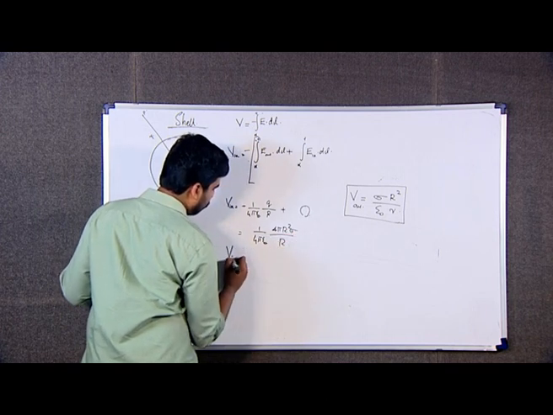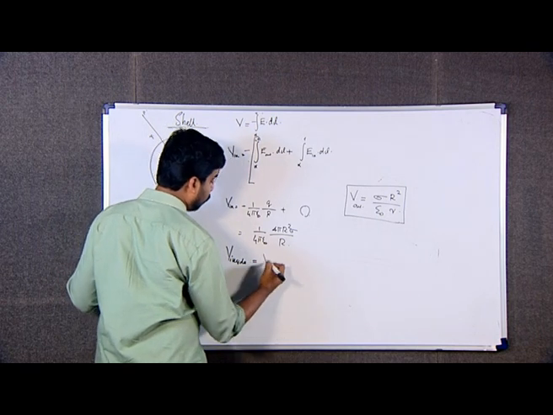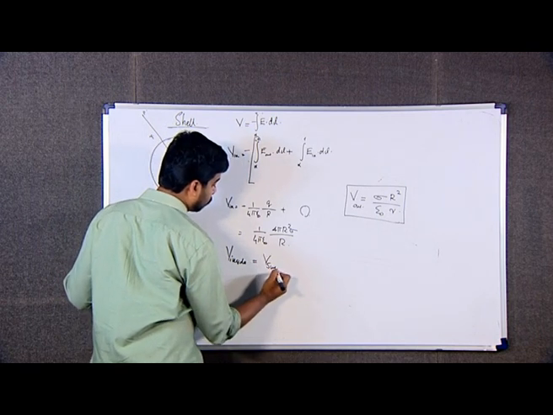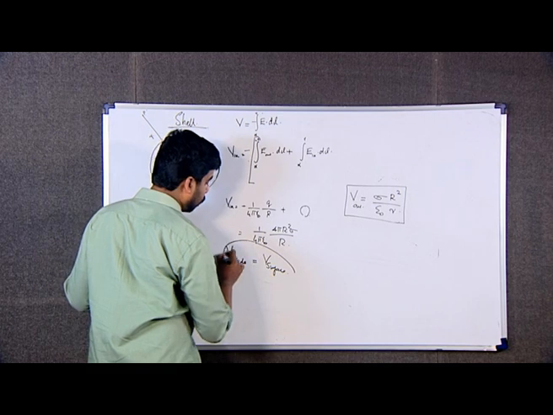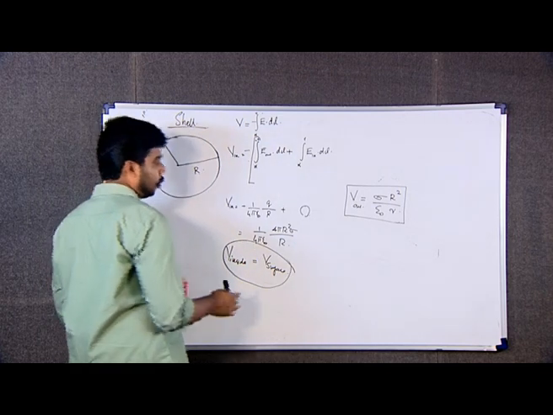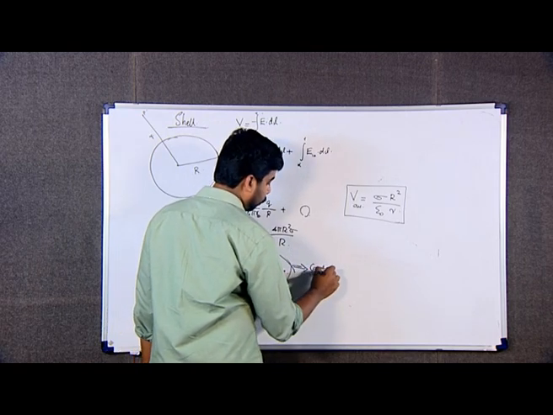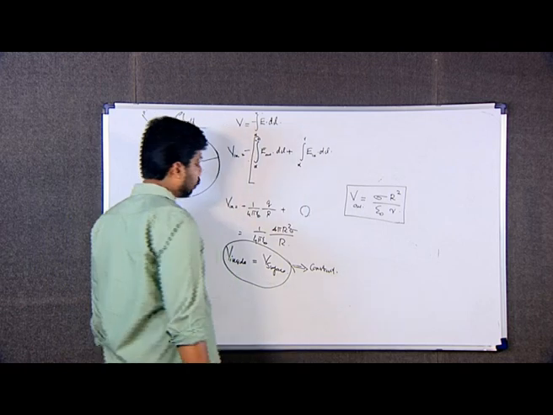That means V inside is equal to V at the surface, and the potential inside the shell is a constant, which has the same value as the potential at the surface.